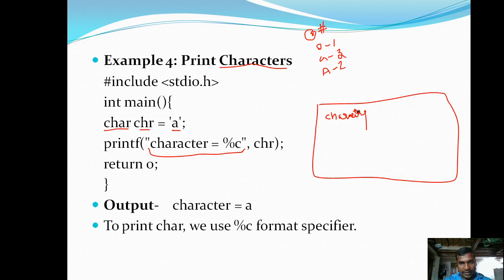Now this %c is one more type of format specifier. We use the %c format specifier to print a single character on the screen. This %c is replaced with the value that exists in the variable chr of character type. In the chr variable, it has the value A, so it is character is equals to A. So this is the output.